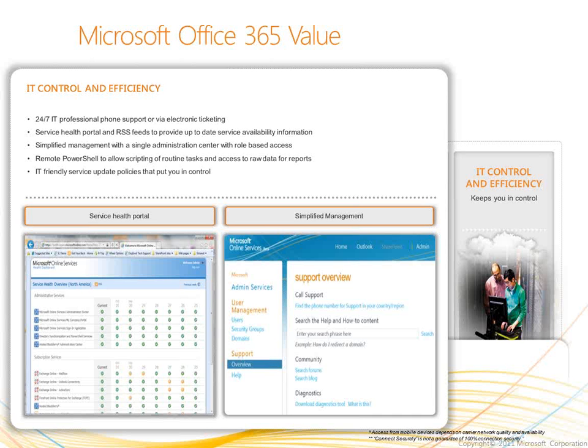And remote PowerShell, which is in the enterprise plans, gives the ability for someone who wants to do PowerShell scripting to connect in securely and manipulate your Office 365 users and your Exchange settings for their mailboxes. It could all be done with PowerShell commands. So a lot of good capability there.